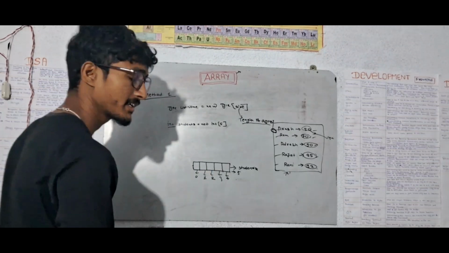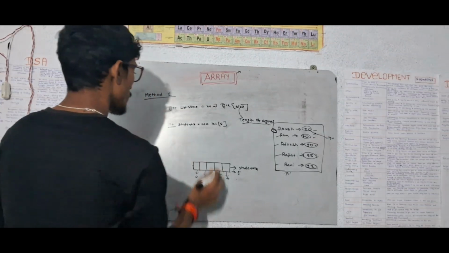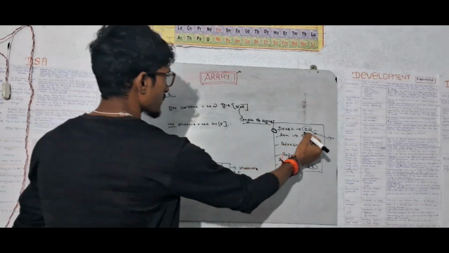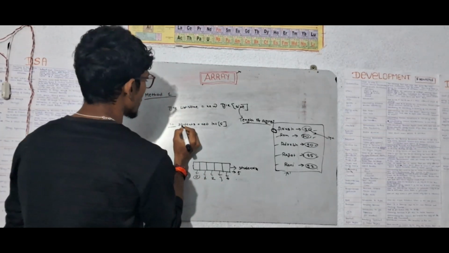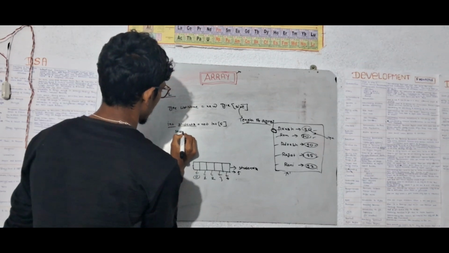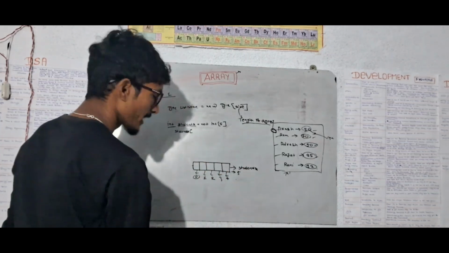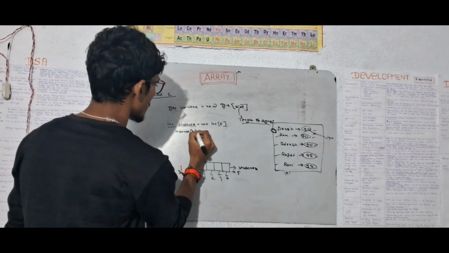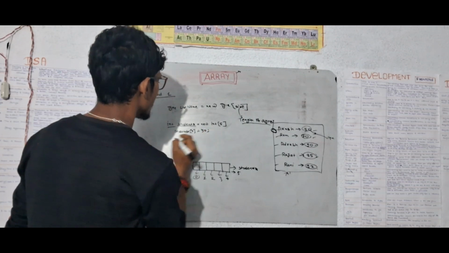So we need to write this box's index. We need to store Akash's marks at index 0. So we write the student's name at index 0, and write its value 50.